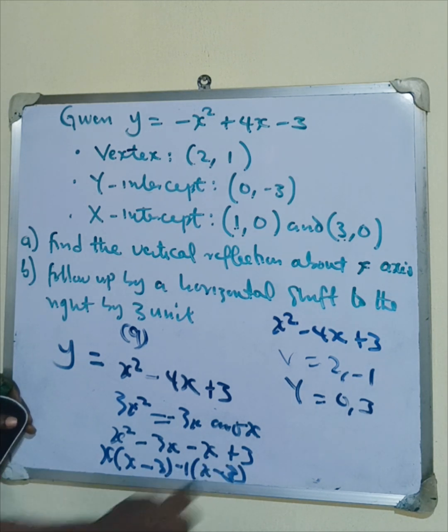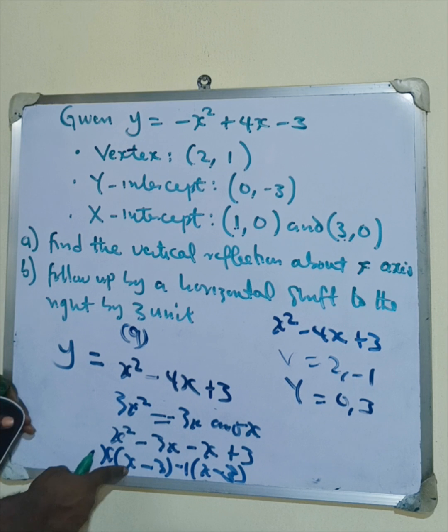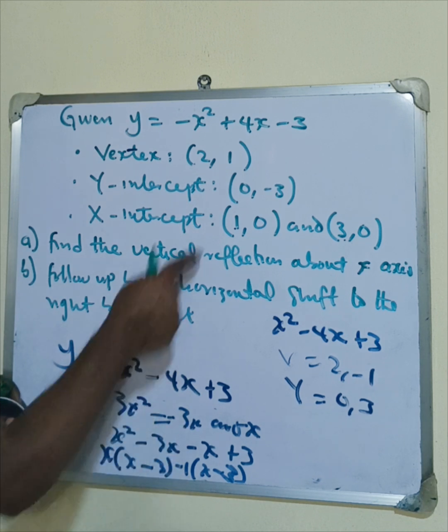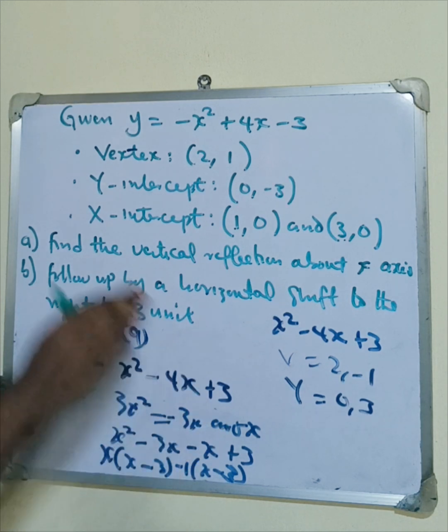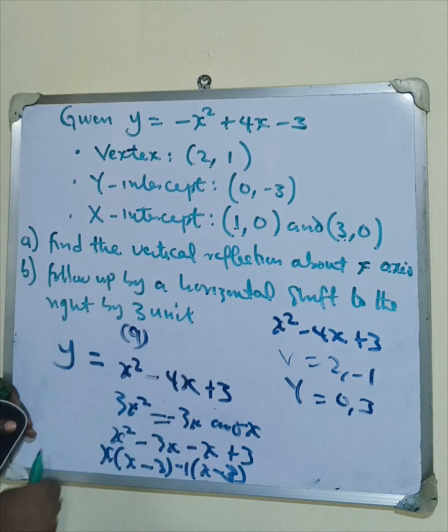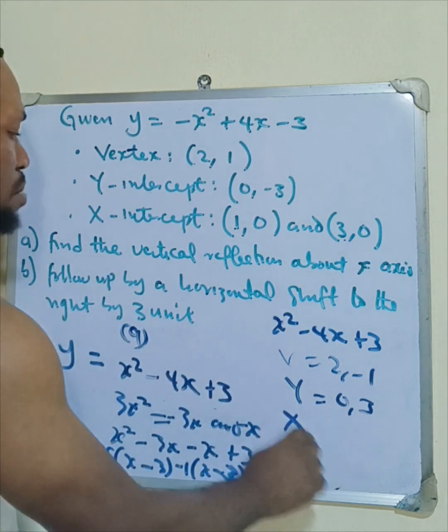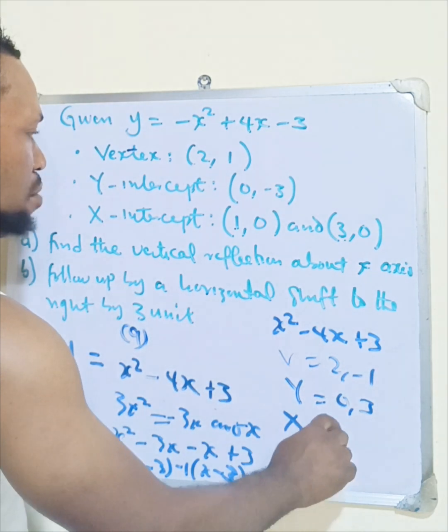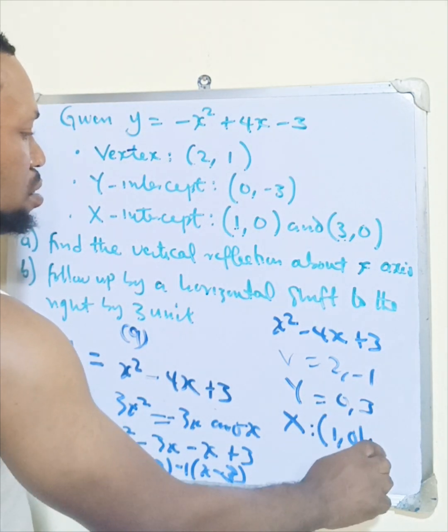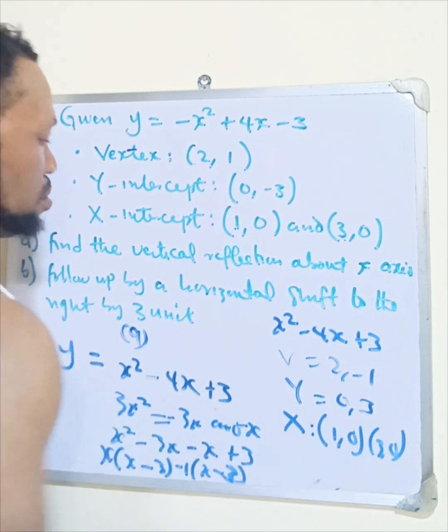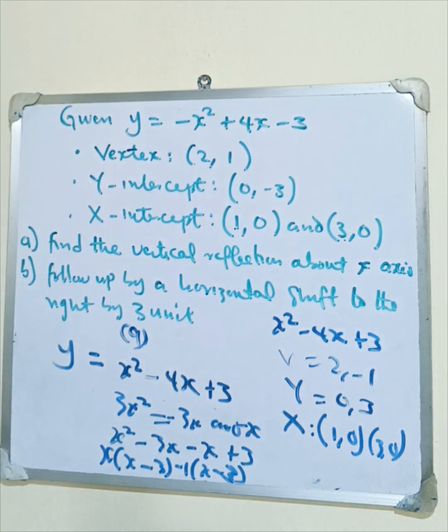So when you solve this problem now, you're going to have x equal to 3 and x equal to 1, which is the same thing as what you have here. So it means that the x-intercepts remain the same thing, which will now give us (1, 0) and (3, 0). That is our x-intercepts.